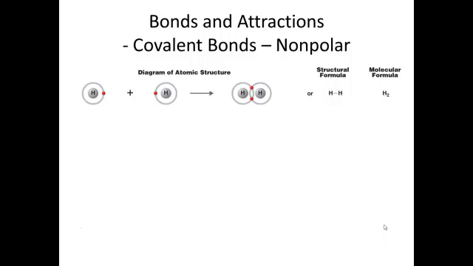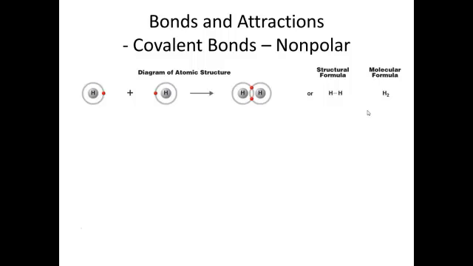Now it would really like to have 2 electrons in its outside orbital. So what it does is it gets together with another hydrogen and they share the electrons. They go zipping around both protons. We call this a covalent bond. And we represent this as a single line between the letters that designate the element. Or we can show it this way, with the lowercase 2, indicating that there are 2 hydrogens.